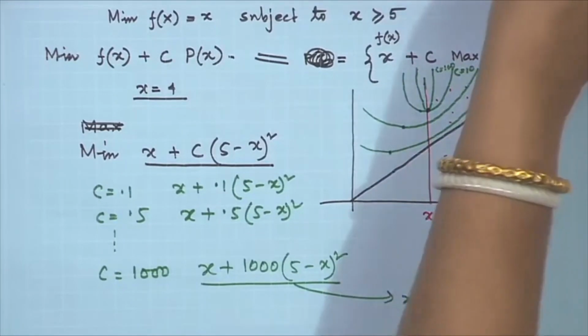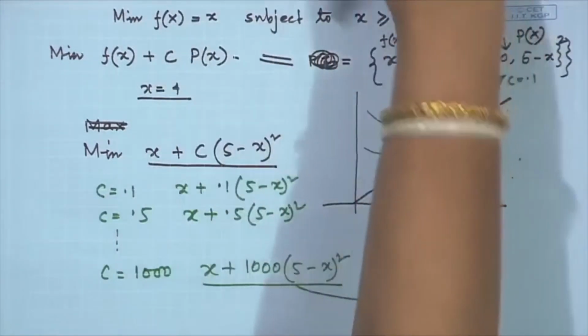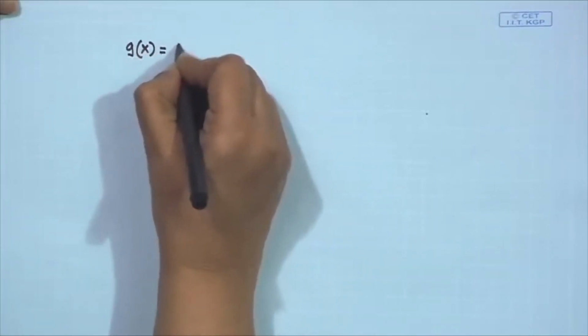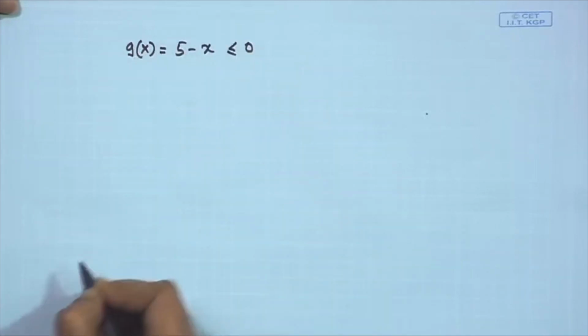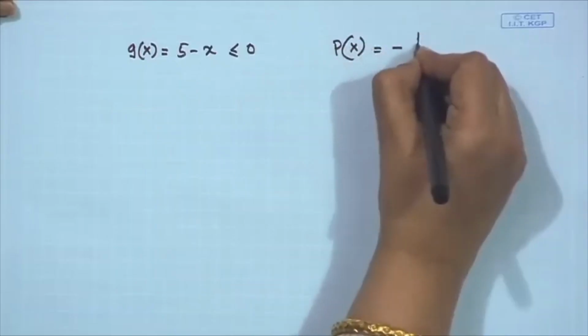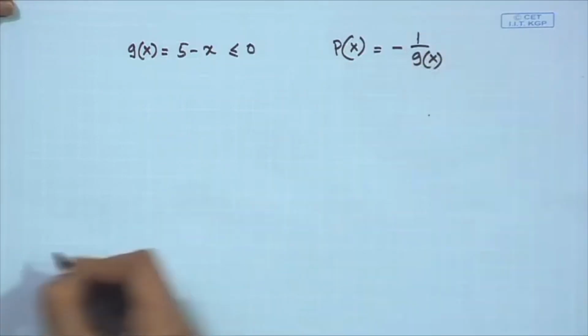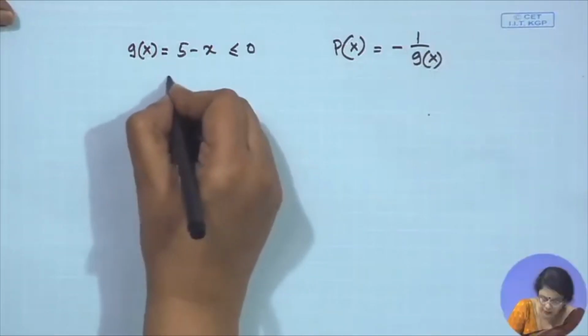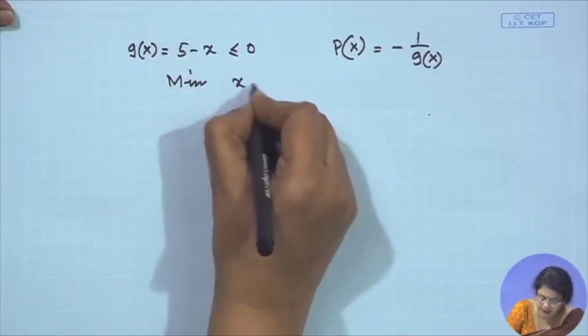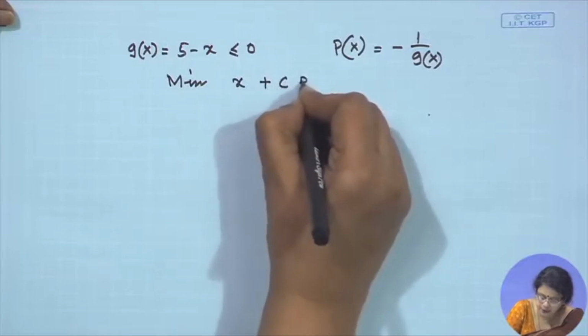Okay. Let us consider the penalty function in another way. Instead of this, if my g(x) is 5 minus x less than or equal to 0, let me consider p(x) like this: p(x) is equal to minus 1 by g(x). Then the unconstrained optimization problem would be minimization of x plus c into p(x).